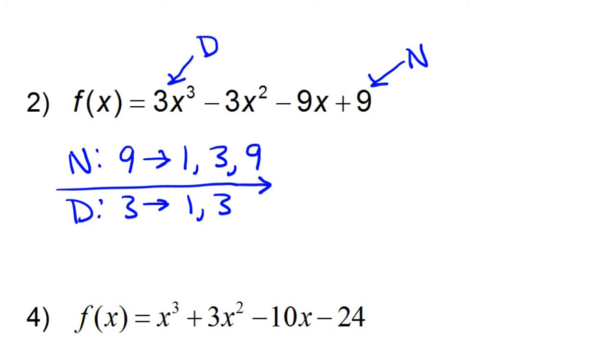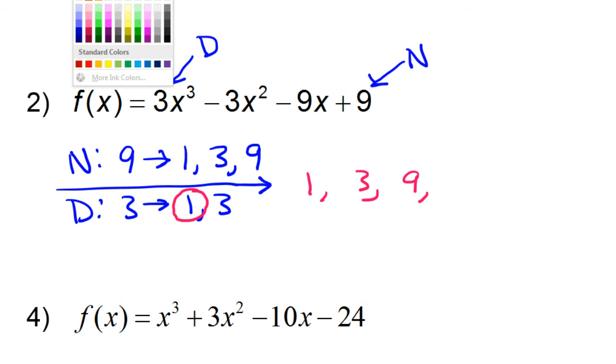Okay, so as I build my list of possible rational roots, I'm going to take one denominator at a time. Let's start with a denominator of 1. 1 over 1 is 1, 3 over 1 is 3, and 9 over 1 is 9. So I've used the denominator of 1.